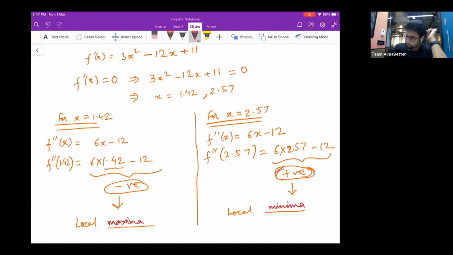And of course, the second derivative at 1.42 is negative. That's why this is the point of local maxima. Okay. So this is how you calculate whether a particular point is a saddle point or a local minima or a local maxima. Anyone has any doubts in this part?